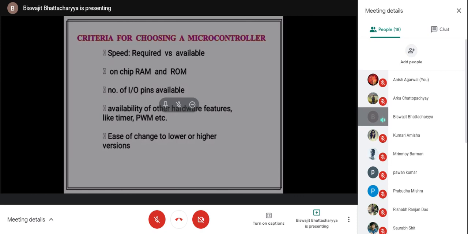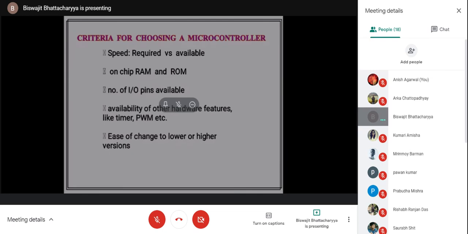When more IO is required, more input output data, probably more pins will be required to send data to the outside world and to receive data from the outside world. So more pins are to be involved. In those cases, we need a microcontroller with a larger number of IO pins, or input output pins.